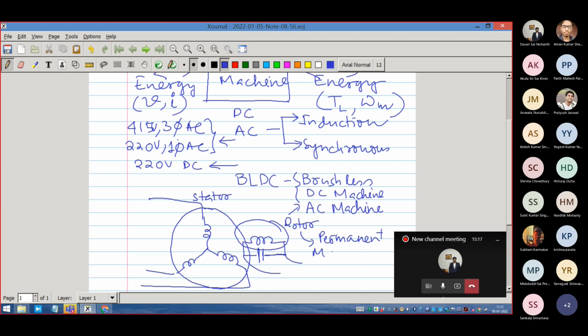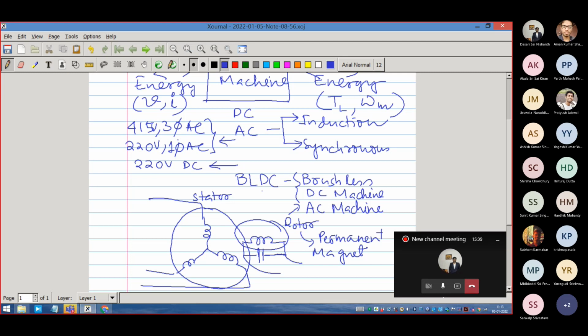Permanent magnet material. Okay, so apparently you don't have then two extra terminals because the rotor is already supplied by a permanent magnet material. So with these two new kinds of machines coming up, one is BLDC with permanent magnet and another is synchronous machine with permanent magnet.